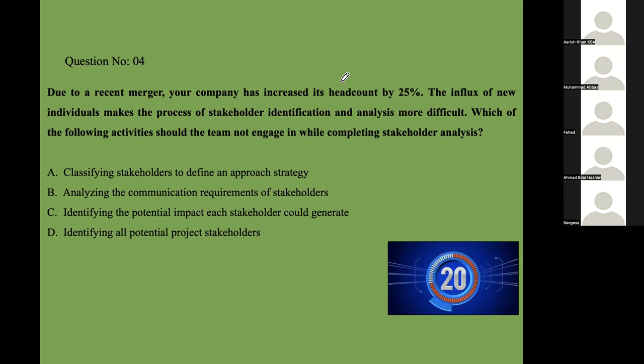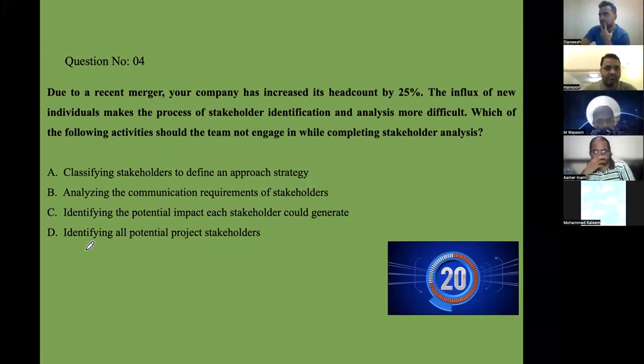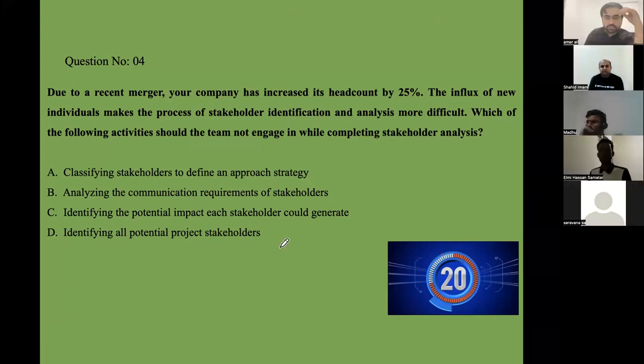What is the keyword? The question is asking which of the following activities the team should not engage in while completing stakeholder analysis. While you are doing stakeholder analysis, which of the following activities should the team not be engaged in?